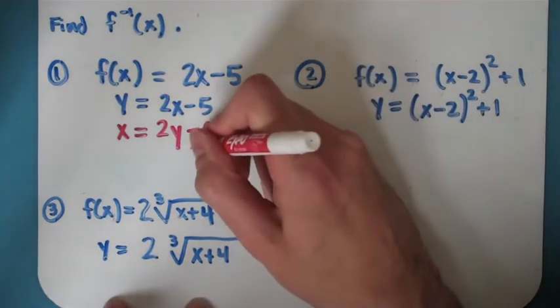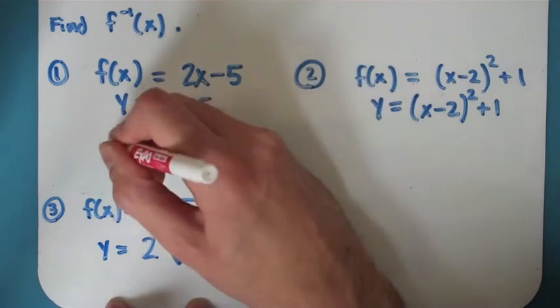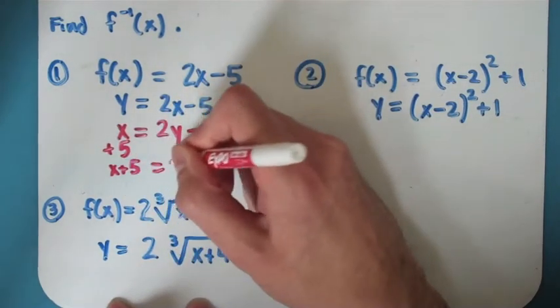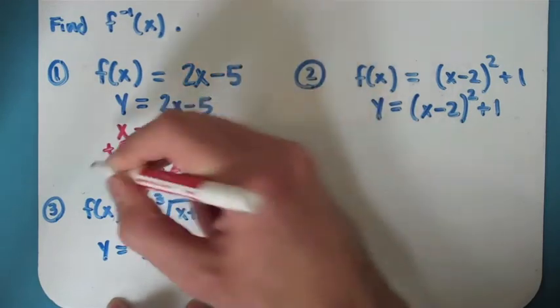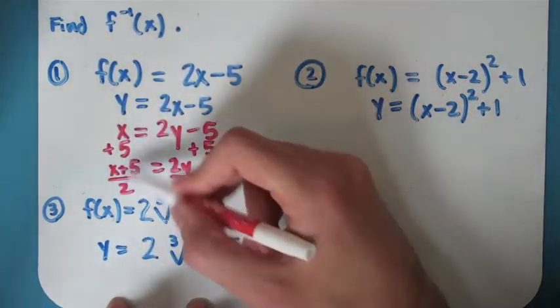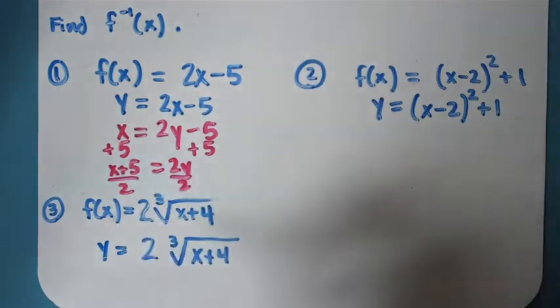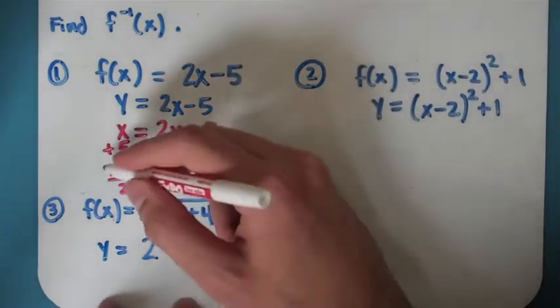So what I have to do now is add 5 to both sides. So I get x plus 5 equals 2y, and I'm going to divide by 2 here. When you divide this out by 2, it's up to you if you leave it like this, or if you actually divide the 2 into both parts. It's easier to see that it's linear if you actually divide it out.